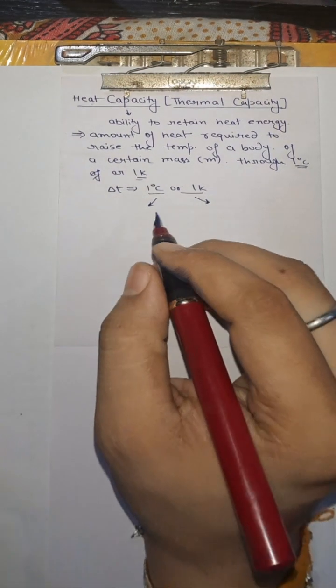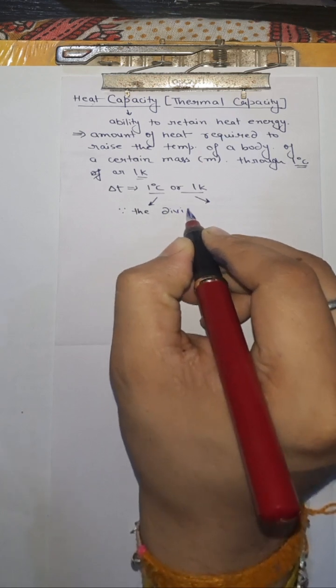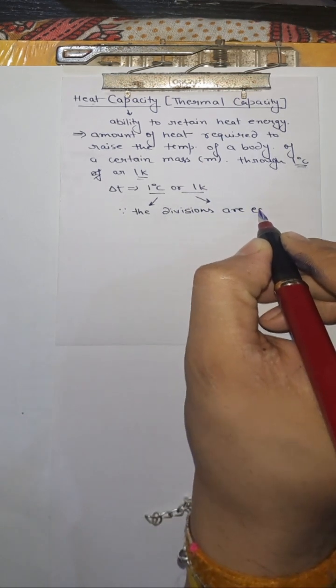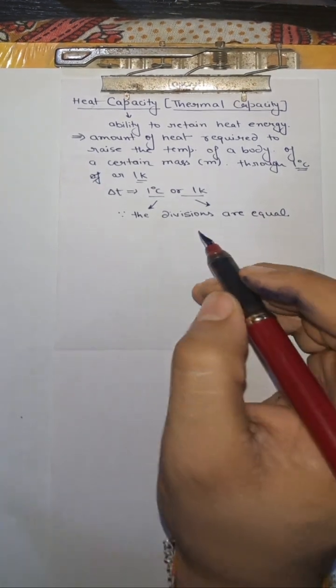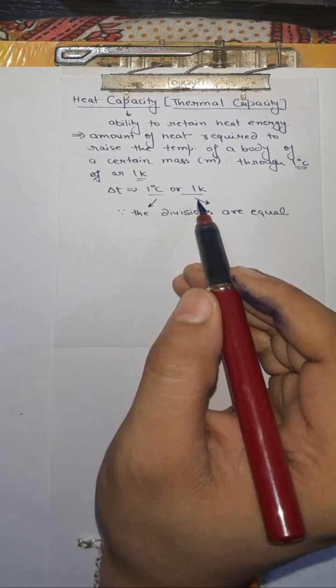And due to this, the divisions are equal, and hence the overall change in temperature, whether it is in Celsius scale or Kelvin scale, will be considered to be equal.